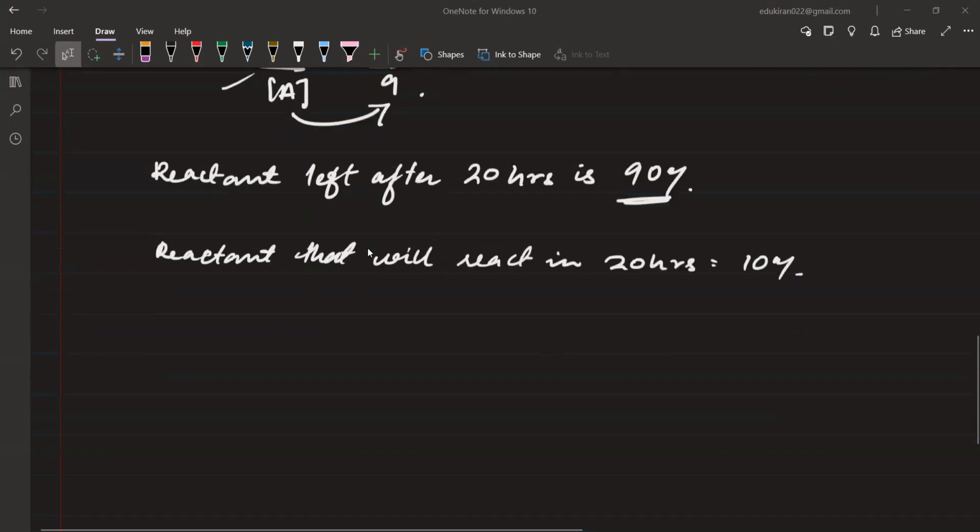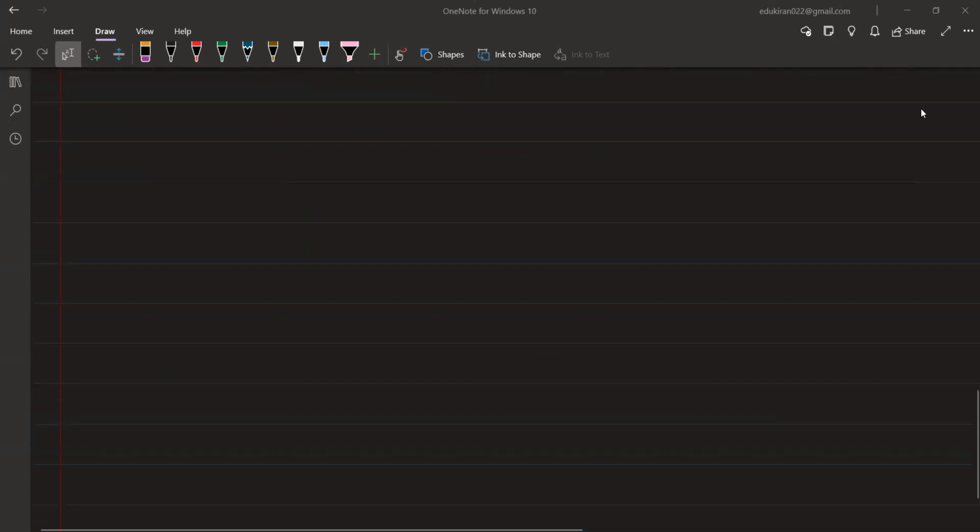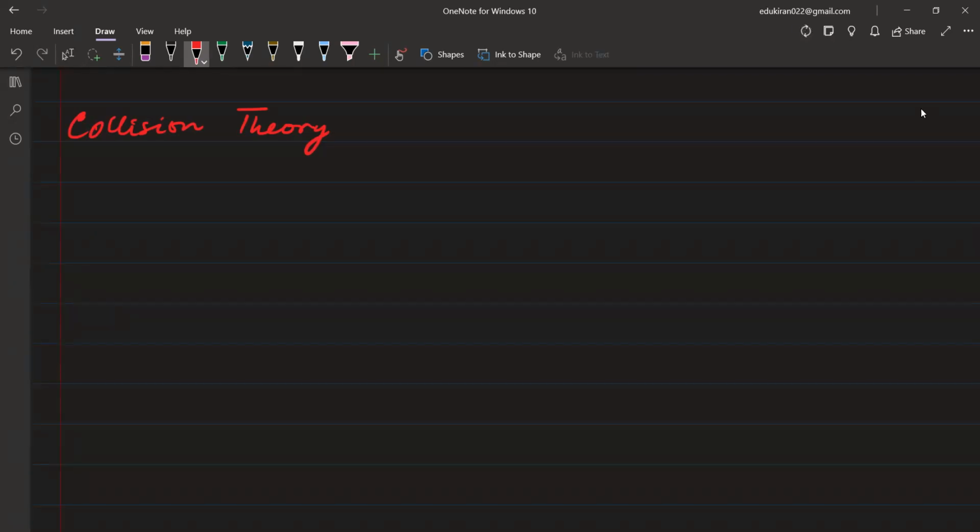Collision theory. First of all, let us understand what is collision theory, and then we will write the theoretical part. Collision theory, we've already looked at when we started the law of mass action.